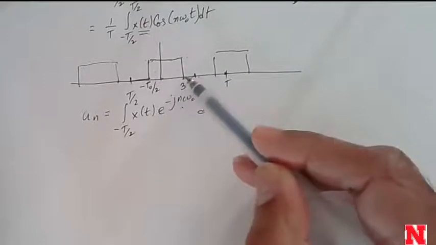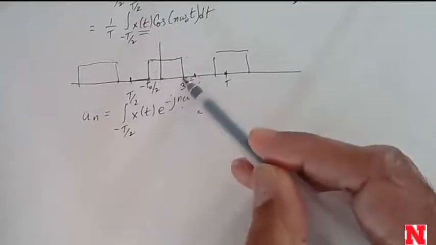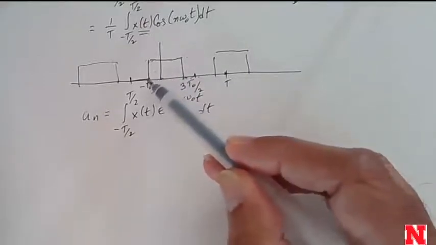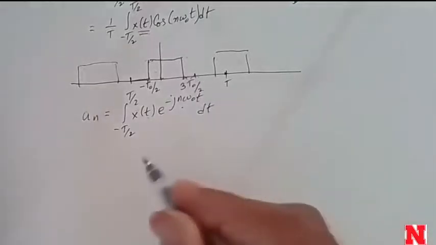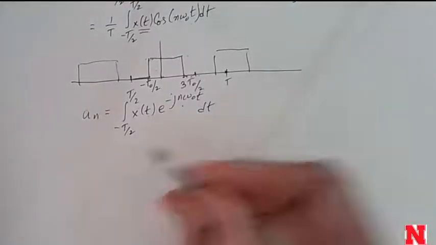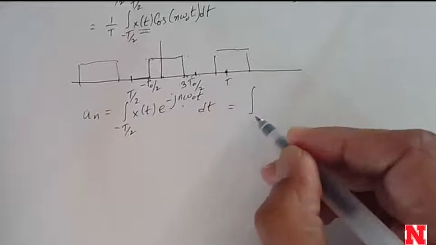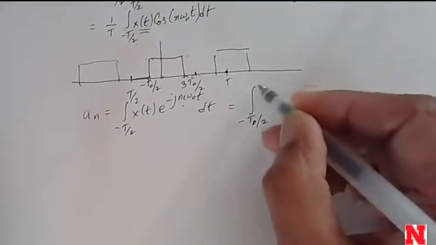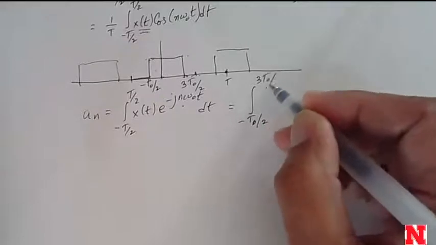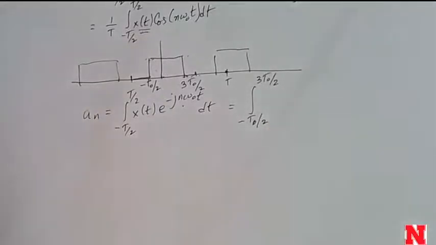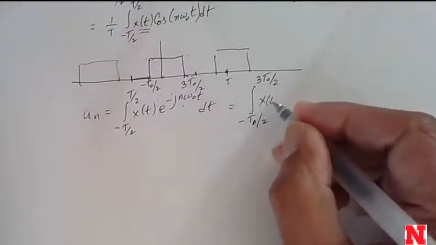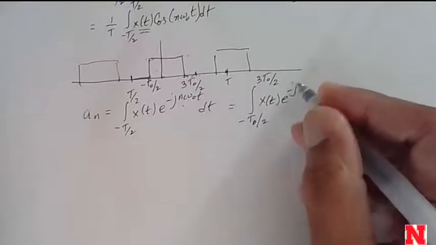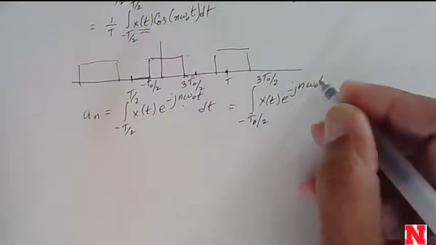So if I break this up into these 3 intervals, the only interval that will give me a non-zero value is the interval from minus t0 over 2 to 3t0 over 2. So I can write this as the integral from minus t0 over 2 to 3t0 over 2 of x of t e to the minus jn omega naught t dt.